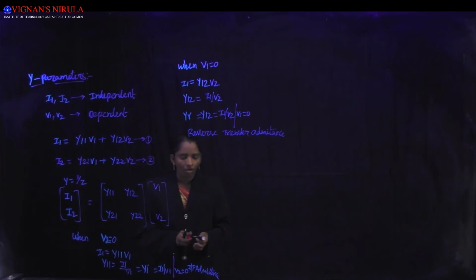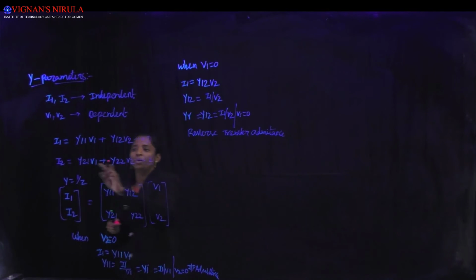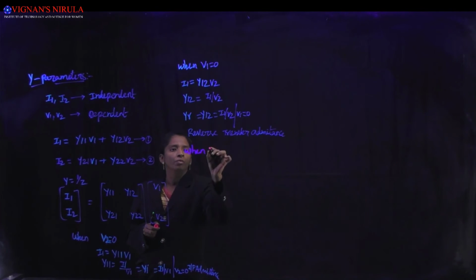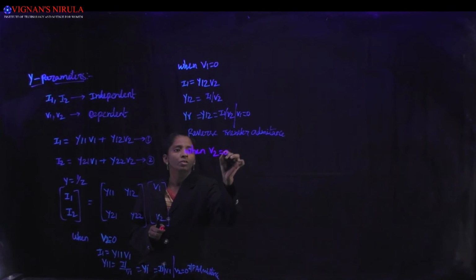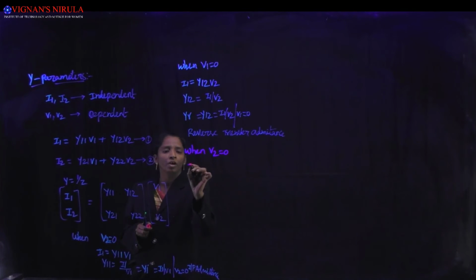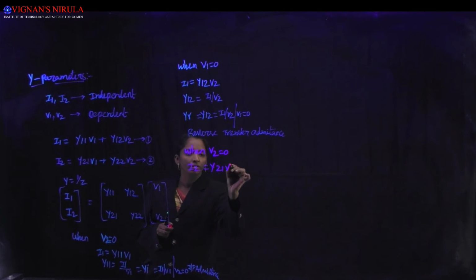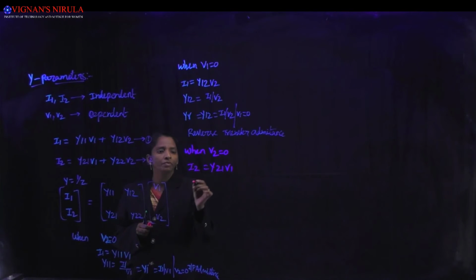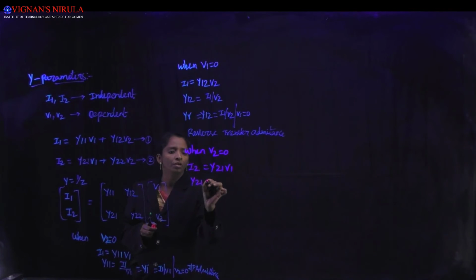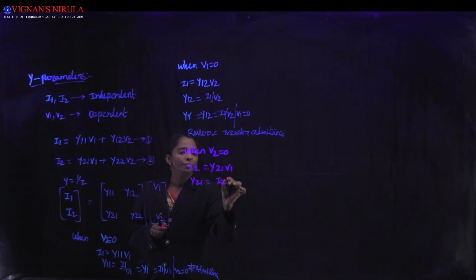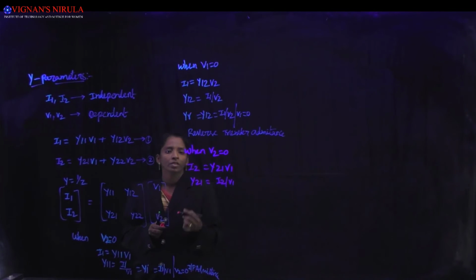Now we are going to calculate the Y21 value. To get the Y21 value from the second equation, V2 should be 0. When V2 equal to 0, at that time we get the equation I2 equal to Y21 V1. From this equation, Y21 equal to I2 by V1.